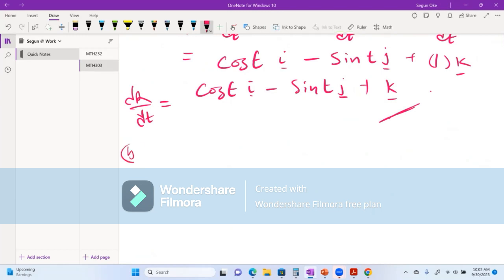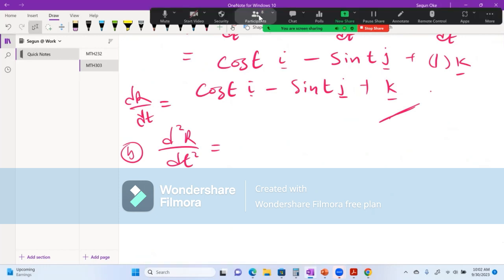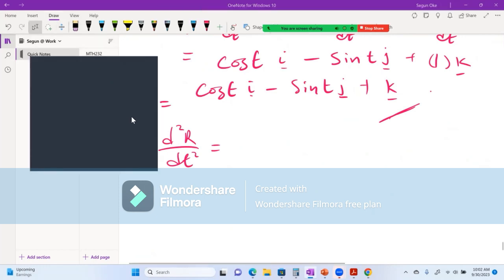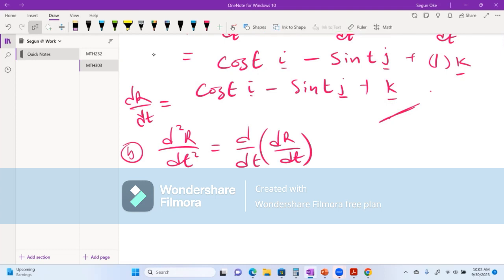Let's look at the B. B says the square R, the T squared. The square R, the T squared is the same thing as d dt of what? The R dt. So don't forget, we already have the R dt up. All we need to do is just to put the d dt there.